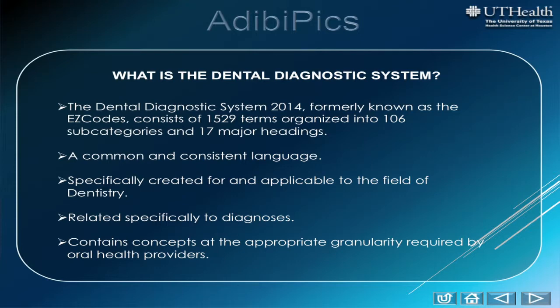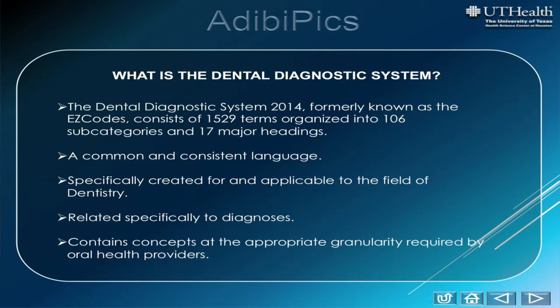Let us explore and discuss what the dental diagnostic system is. Simply, we can summarize that the Dental Diagnostic System 2014, formerly known as EasyCodes, consists of 1,529 terms organized into 106 subcategories and 17 major headings.